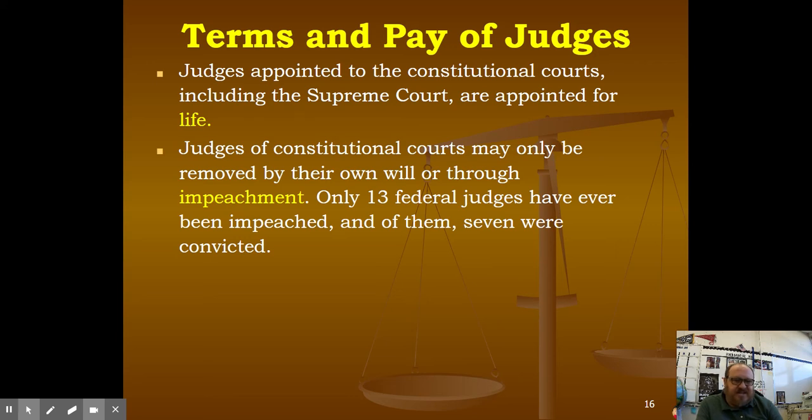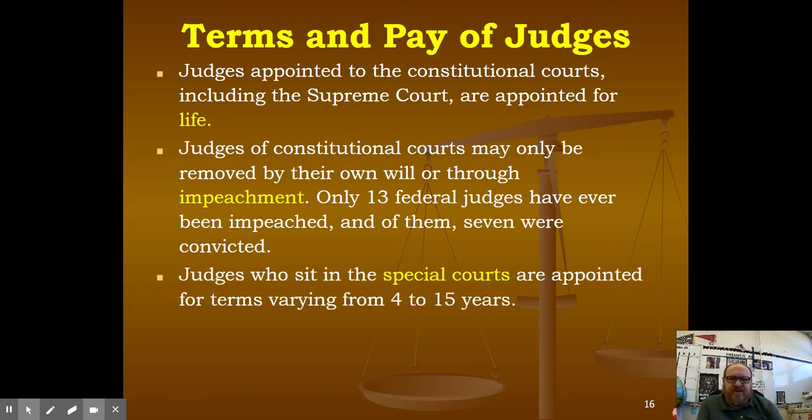Just like with the president, we've had 3 presidents who have been impeached, and none of them have ever been removed. None were ever convicted. But 13 federal judges have been impeached, and 7 of them were convicted and removed.